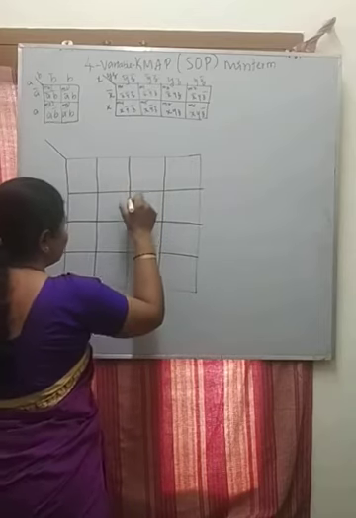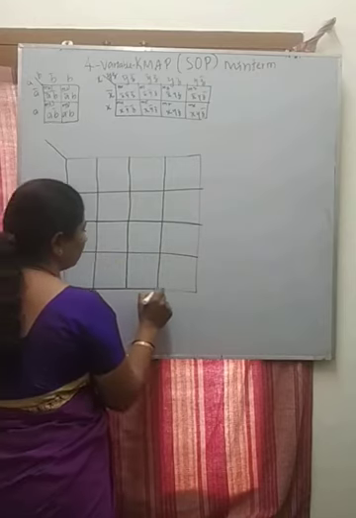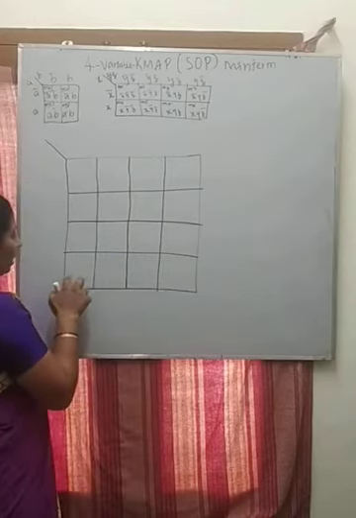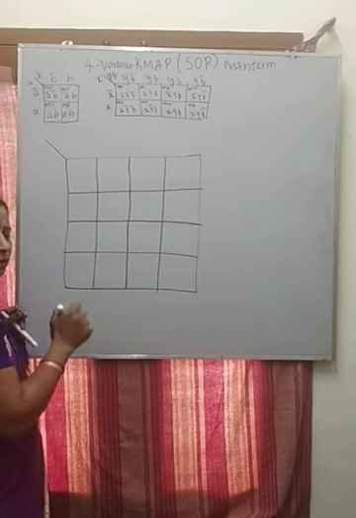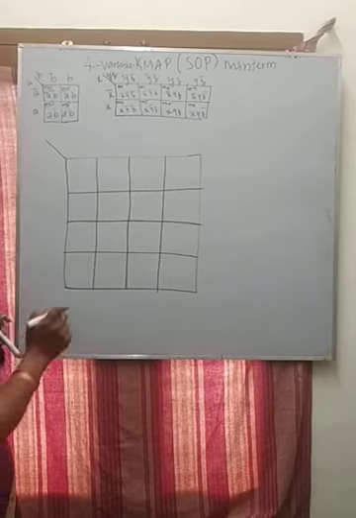Try to practice like this when you are writing in your classwork. Take 2 lines for 1 cube, then it is easy to write it.